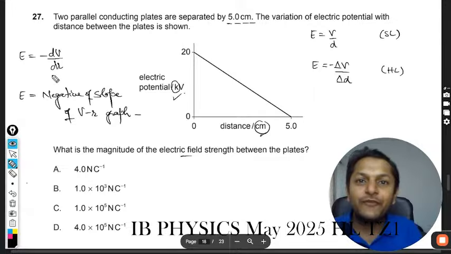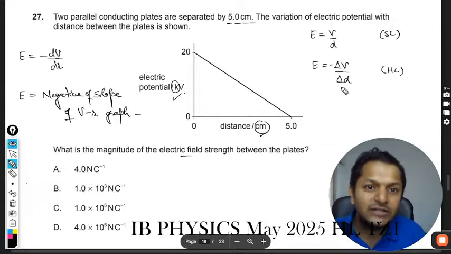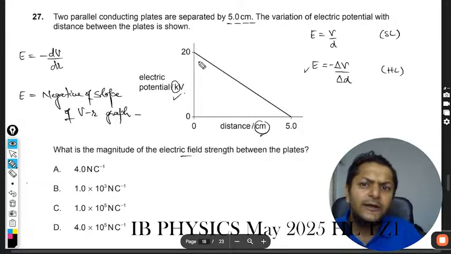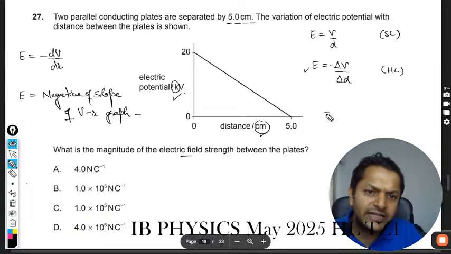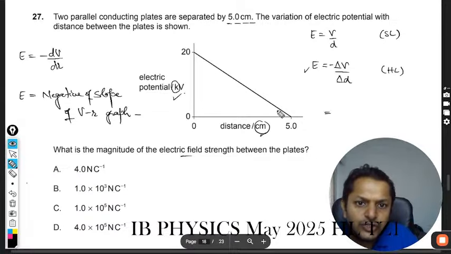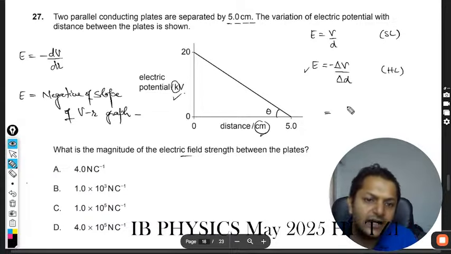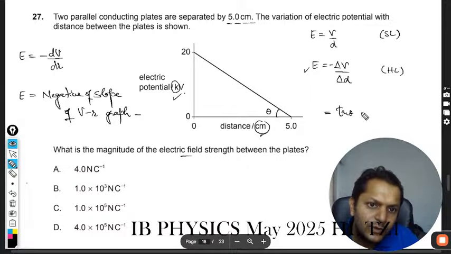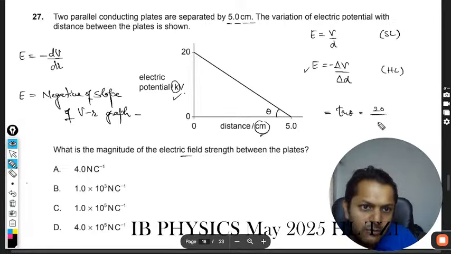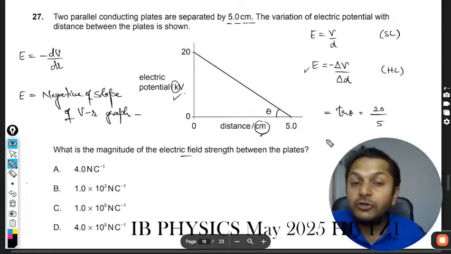So clearly you have to find the slope. So this formula can be used here, delta V by delta d, you can say that. So the slope of this will be tangent theta. Tangent theta is 20 minus 0, y2 minus y1 divided by x2 minus x1, which is 5 minus 0. But let me think about the units now.